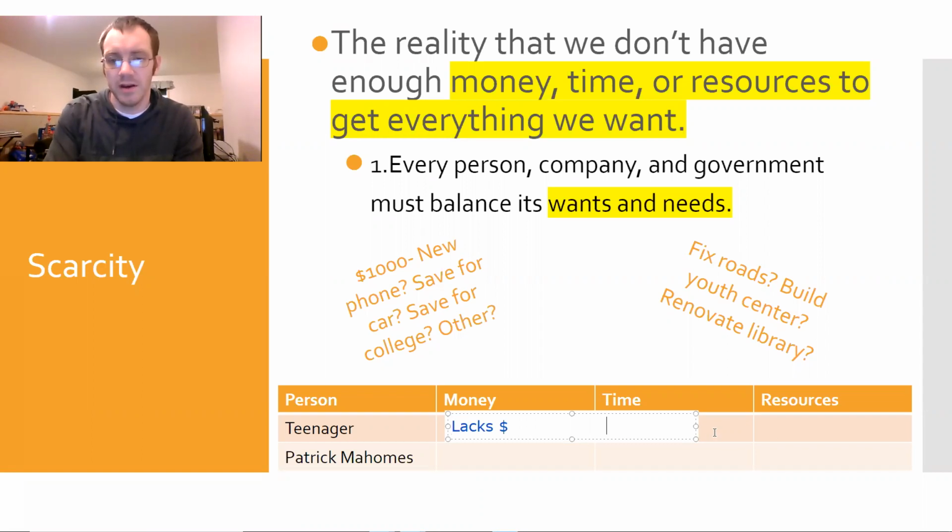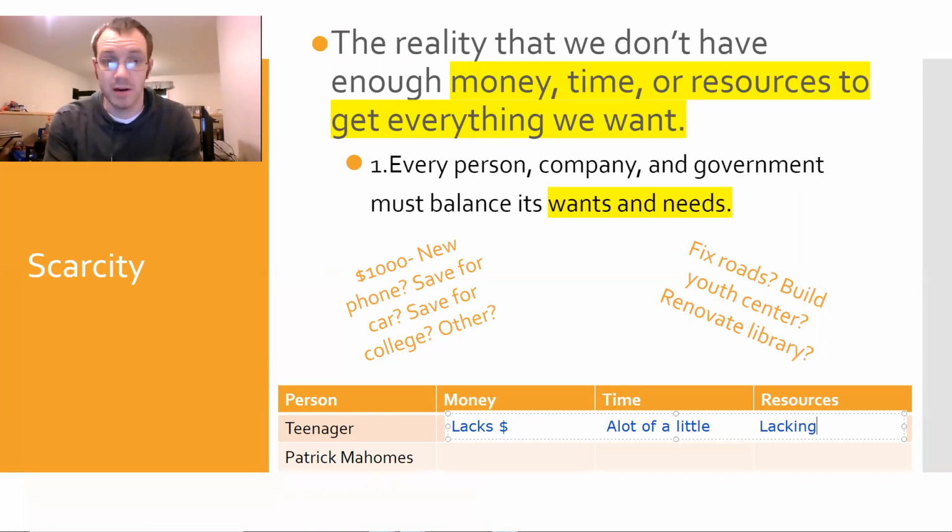Depending on the teenager, they may have a lot or a little. Some teenagers are bored because they have so much free time. Others don't feel like they have enough. Resources, they may be lacking or they may be plentiful depending on the teenager. And so we see a lot of variety there.